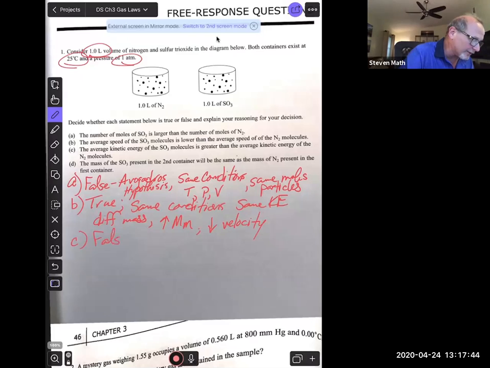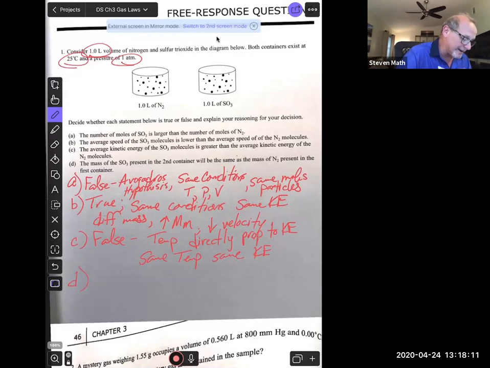That's a false answer because we have already said temperature is directly proportional to kinetic energy. Same temp, same kinetic energy.